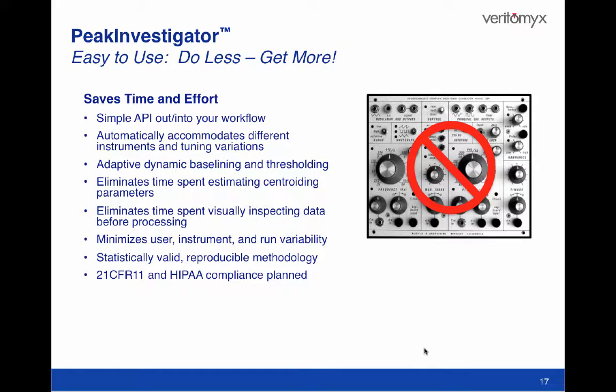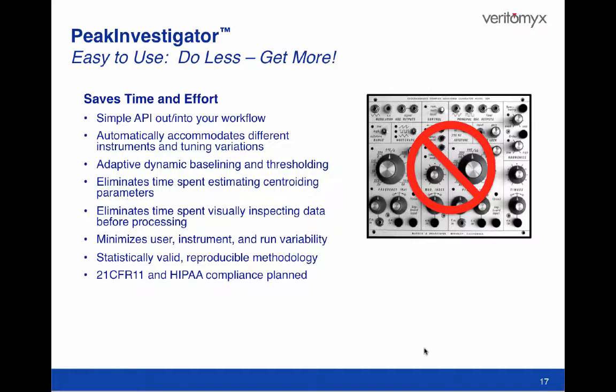PeakInvestigator guides raw spectra through state-of-the-art algorithms that automatically adapt to differences in instrument tuning variations from day to day and between operators. Its automatic localized baselining and signal-to-noise thresholding removes the need for visual inspection of data before processing and manual estimation of centroiding parameters, eliminating yet another source of operator variation.